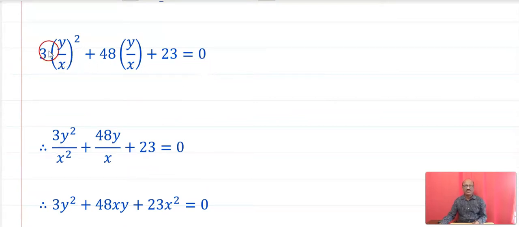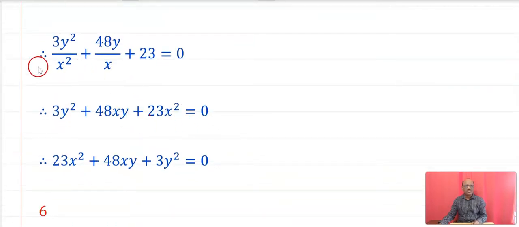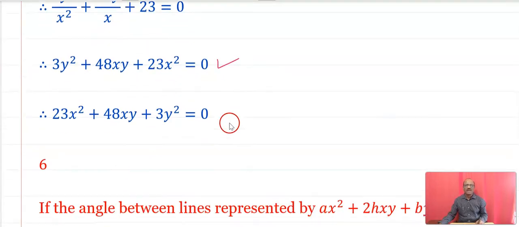And if we simplify this, 3y square upon x square plus 48y upon x plus 23 is equal to 0. Multiply this whole equation by x square. Then you will get 3y square plus 48xy plus 23x square equals 0. And hence 23x square plus 48xy plus 3y square is equal to 0. This is the required joint equation of the lines.